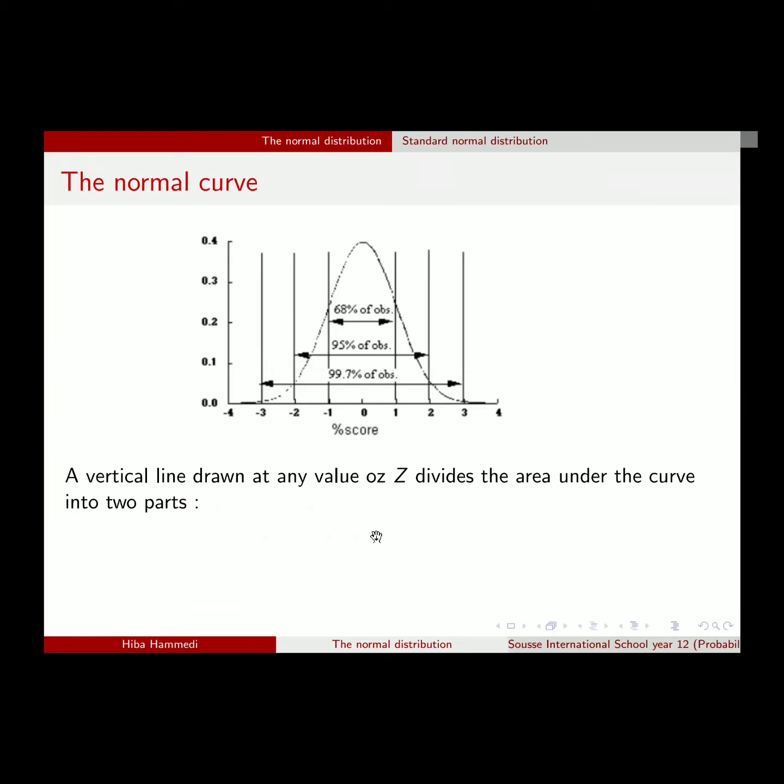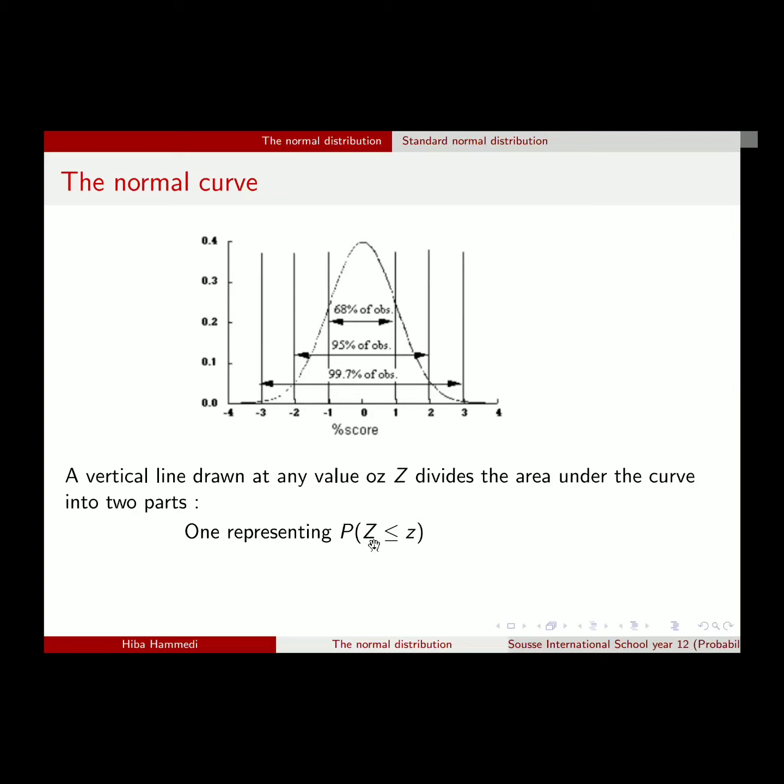Now, if we draw a vertical line in any position on this graph, it will divide the graph into two parts. The first part is where we are looking for the values of big Z less than little z. Imagine that little z is equal to 2.